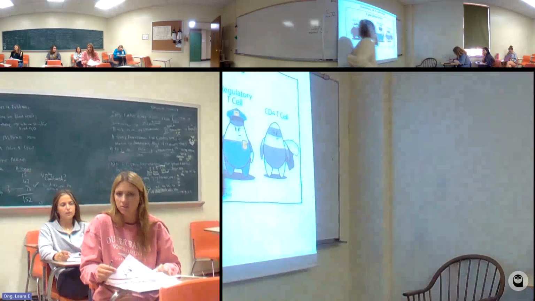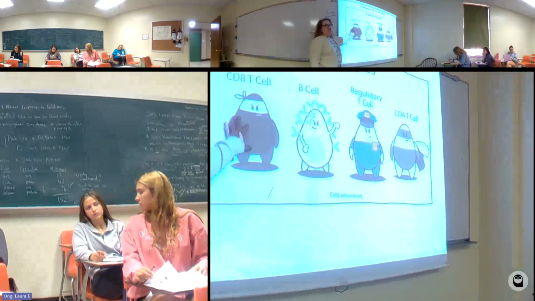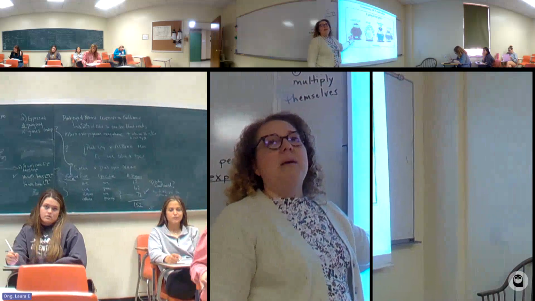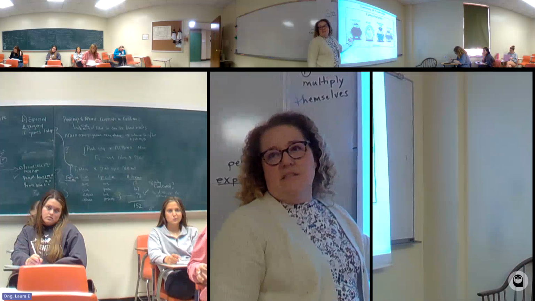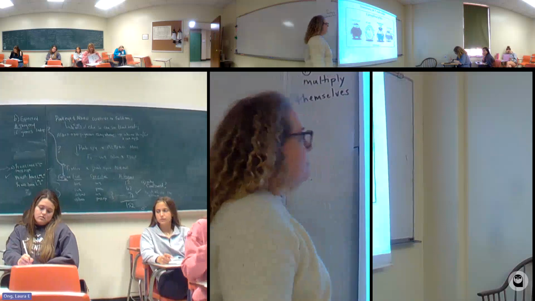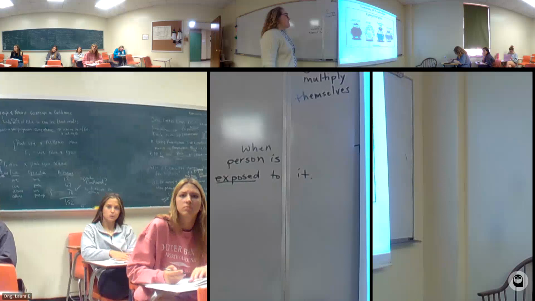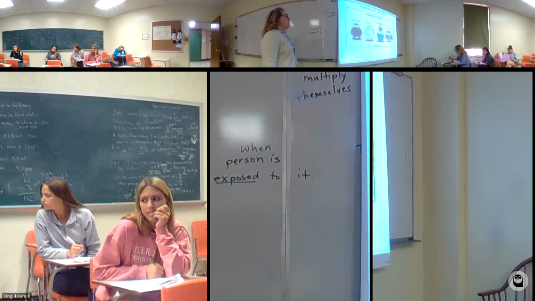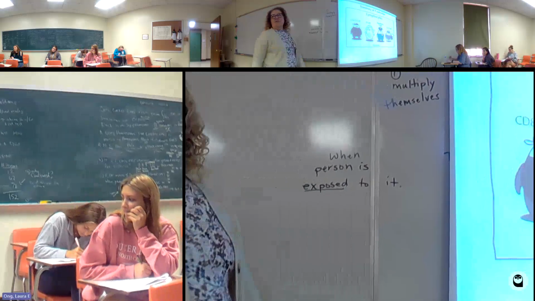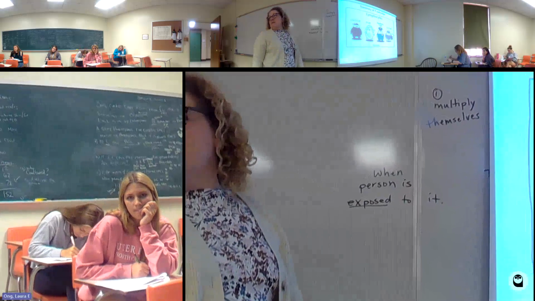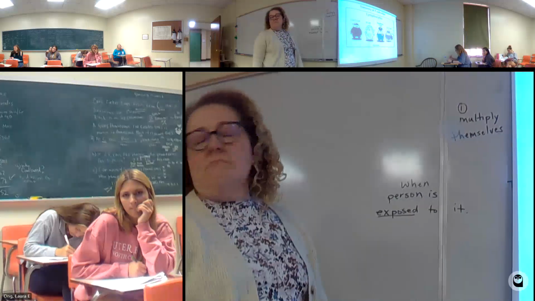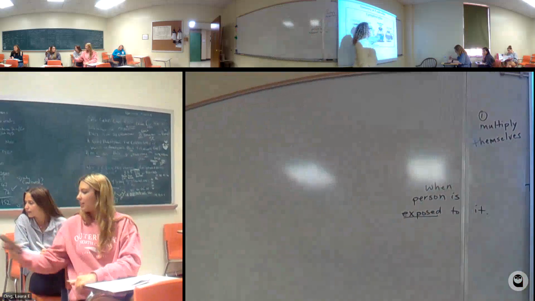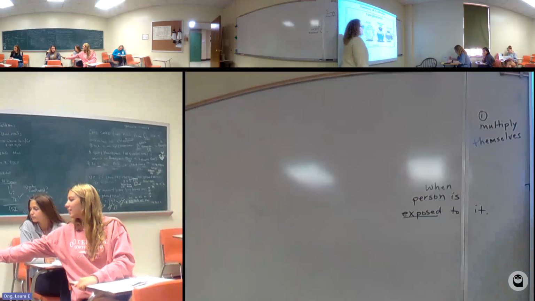And this one, CD8, that looks like an angry ninja, is the T cytotoxic cell. That's your major group of immune lymphocytes. T cytotoxic, the B cell, T regulatory, T helper.